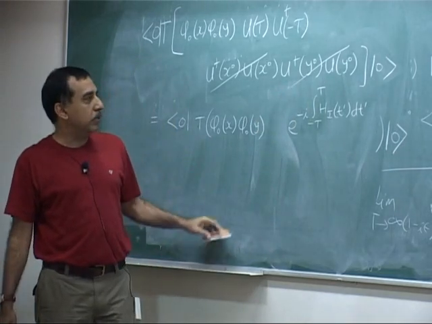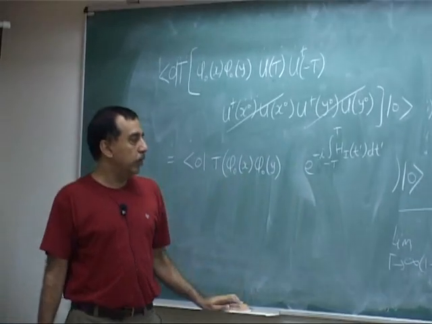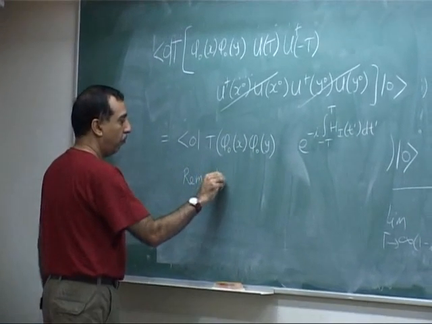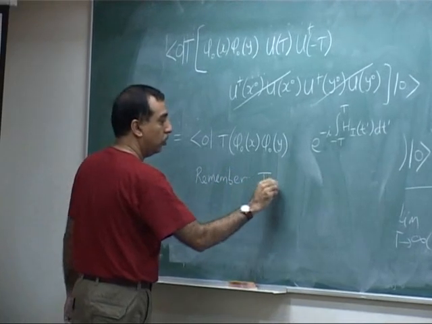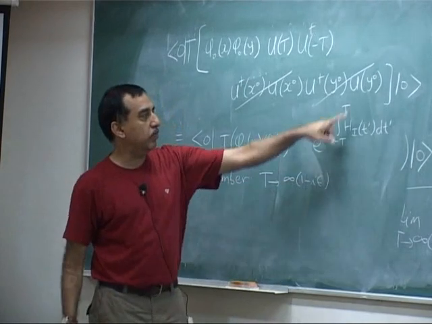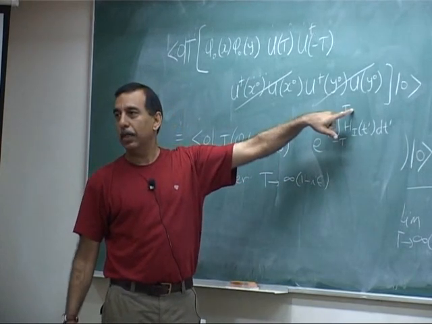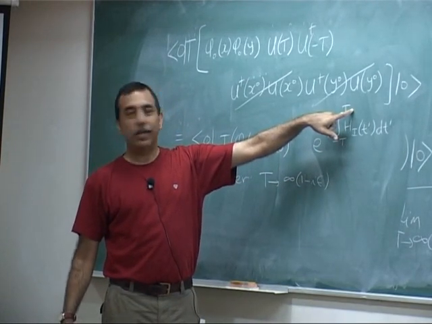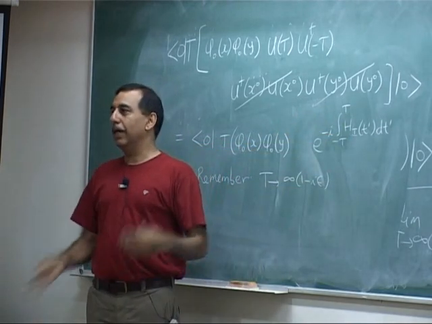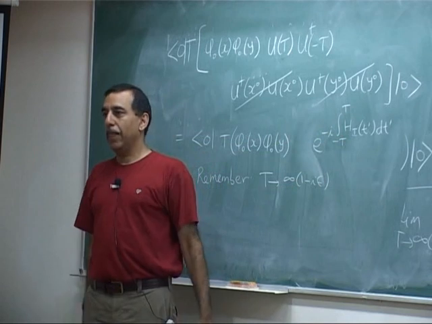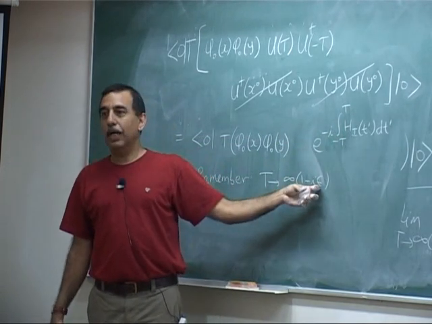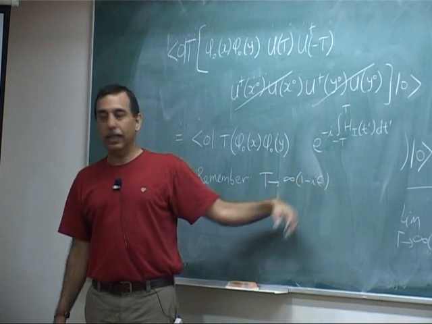So we can perhaps drop this t, or we can always remember that t goes to infinity times 1 minus epsilon, which means effectively it's minus to plus infinity. So it's like the action corresponding to the interaction Hamiltonian. We just integrate it over all time. If there's ever any subtlety, then we'll remember that this was the prescription for that subtlety.